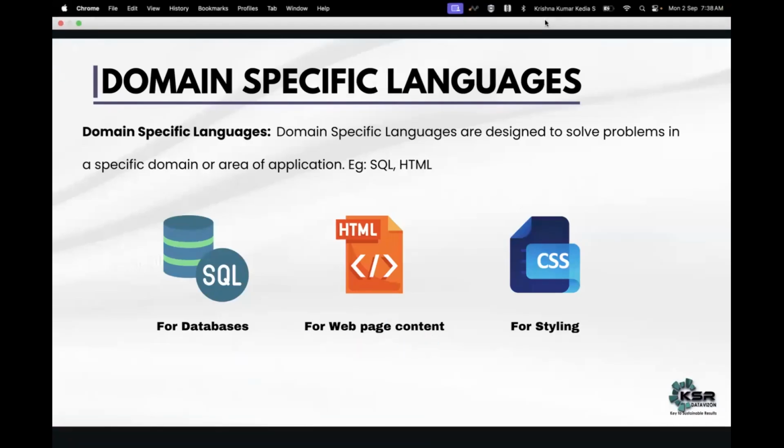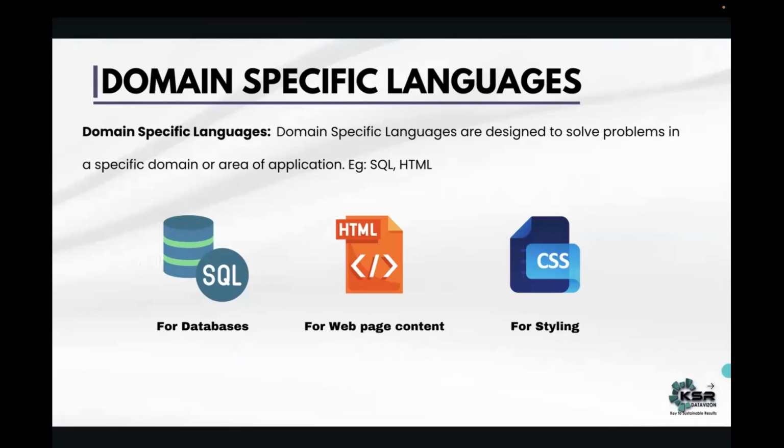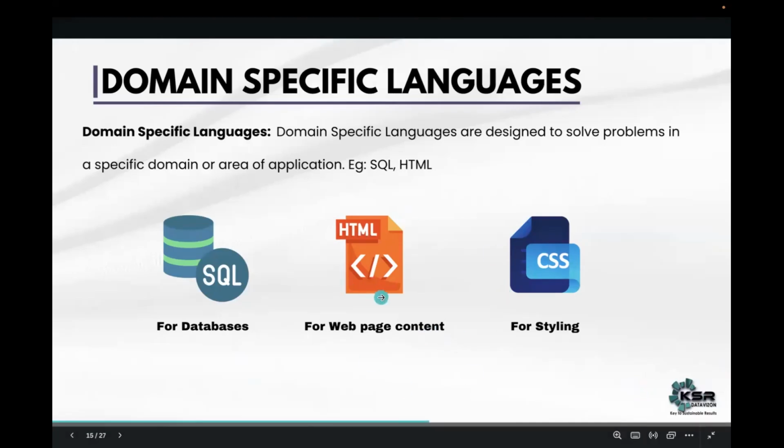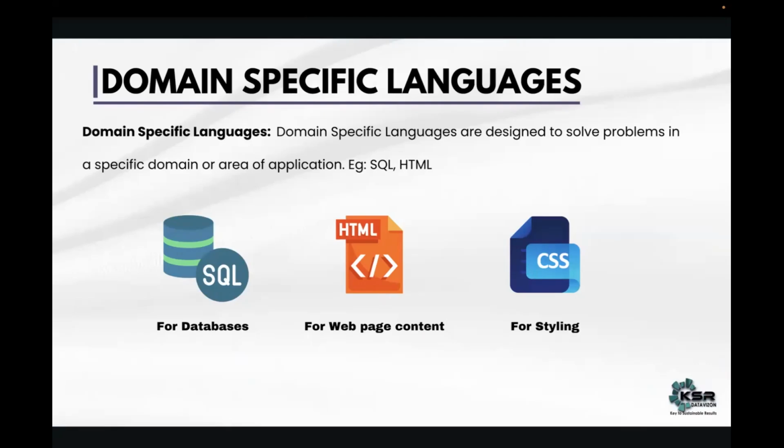So you are seeing this application that might have been built using some HTML. You are seeing some web browser, some web page you are using that is built using web page content. And CSS for styling, colors, all those things. How the border should look, where it should be, all those things. Okay, these are domain specific languages. These are not general languages to code, but this is also a different style.